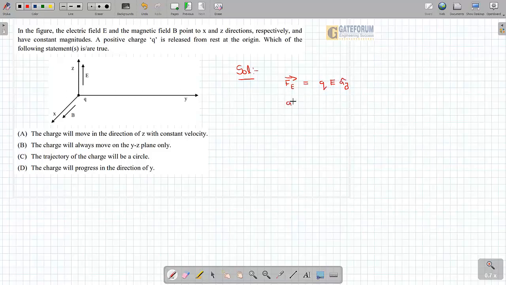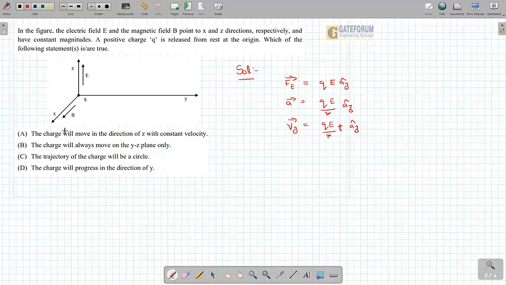So the acceleration I can write is QE by m along the AZ direction. From this I get the velocity Vz as the integral of this along the AZ direction. So this is the acceleration.